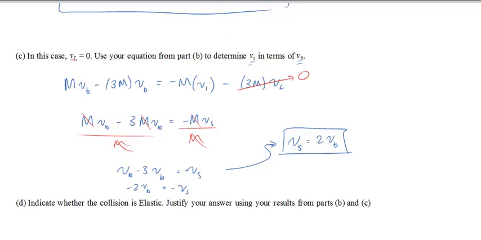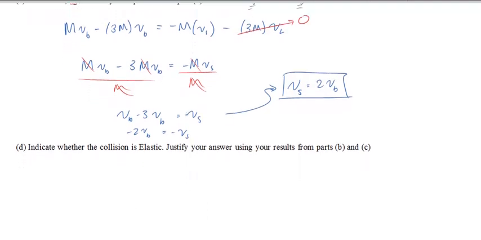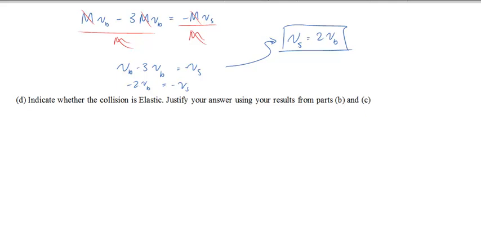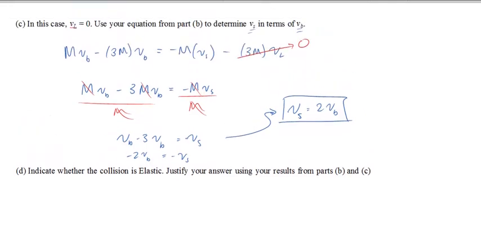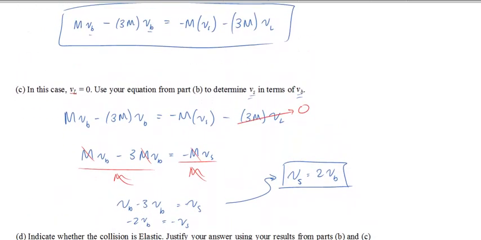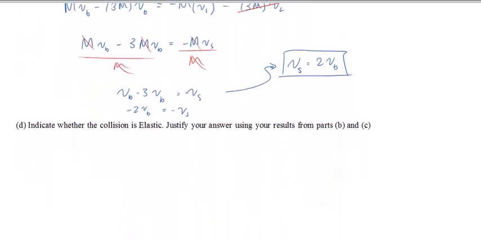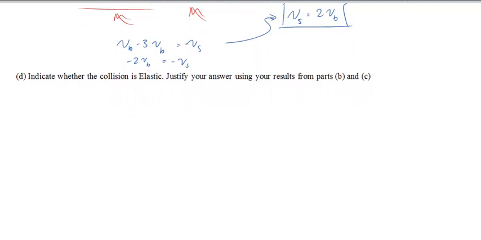Now the next part asks us to determine, is this collision elastic? And we have to justify our answers using all of this stuff we did in parts B and C. Well, hopefully you recall that the requirement for an elastic collision is that kinetic energy must be conserved.